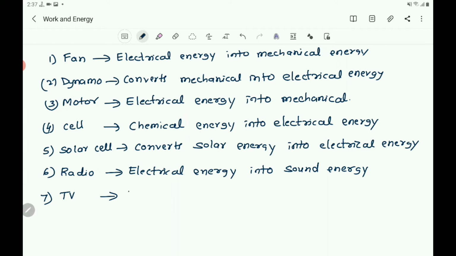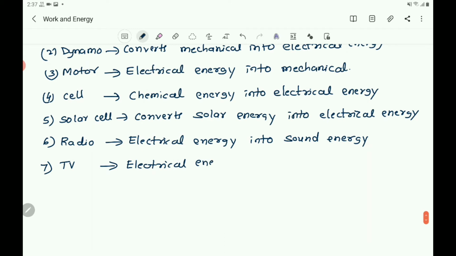So electrical energy into light energy and sound energy. In radio, electrical energy is converted into sound energy. In television, electrical energy is converted into light energy and sound energy.